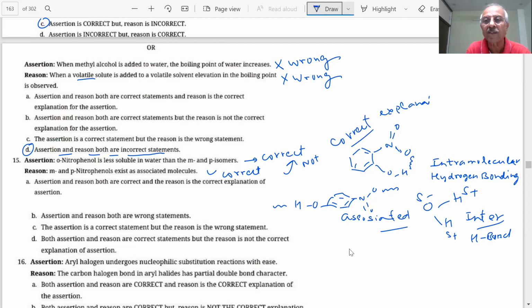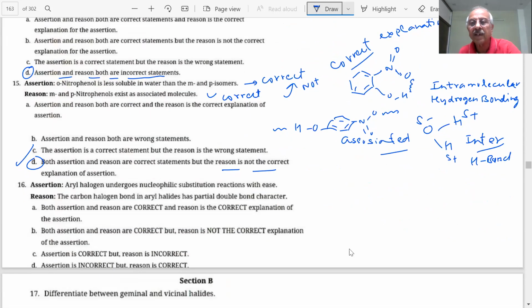Then what is the answer? We have to write it in the paper. Both assertion and reason are correct, but the reason is not the correct explanation of the assertion. He has changed the sequence, so I have to read carefully: both assertion and reason correct, but reason not the correct explanation. So the answer here is correct. Students, read the four choices very carefully.